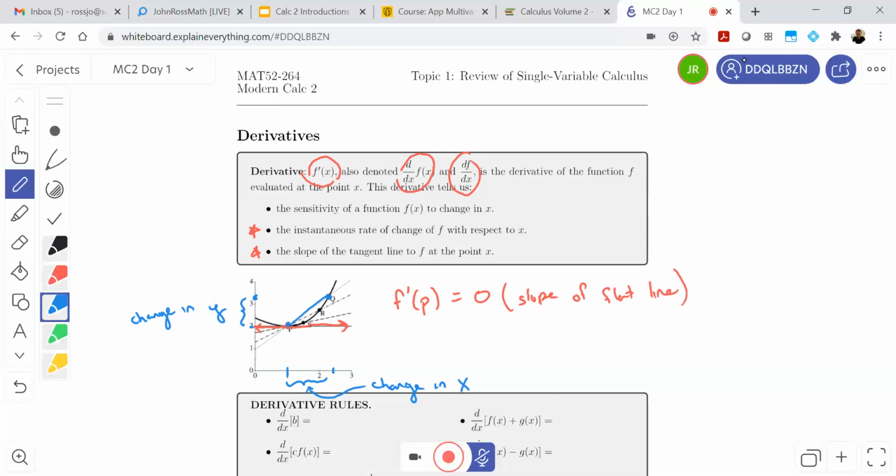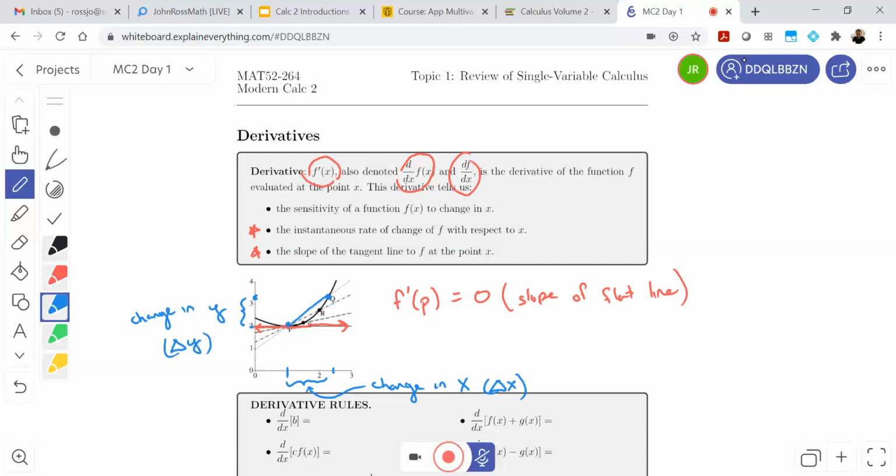Maybe I'll add one additional piece of notation here: this change in y we can call delta y, and this change in x we can call delta x, just notation indicating that there's a certain distance that has changed.